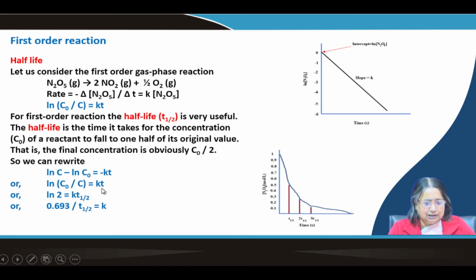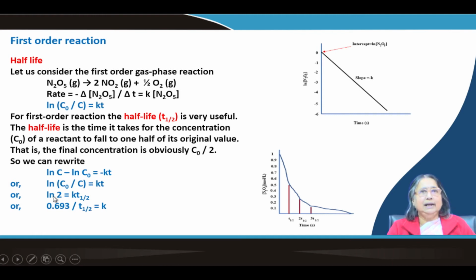In case of a first order reaction, we know that ln C0 by C equals kt. If we put C0 by 2 here, then the corresponding t will be t half, the half life. So it becomes ln 2, since C0 divided by C0 by 2 is 2, equals k into t half.